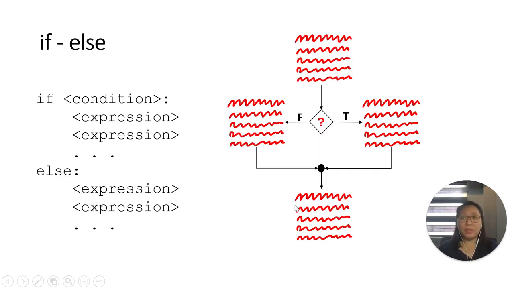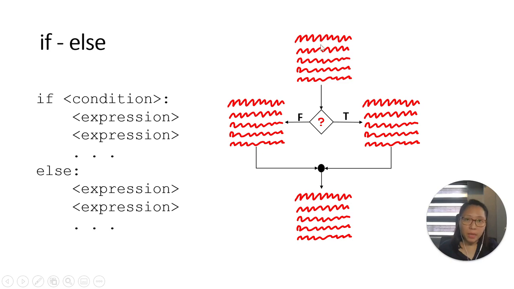Then another variation is the if-else. So we have here if condition colon and then the code block for true, else colon the code block for false. Okay, so graphically, if we want to see it visually, here is a representation of it.